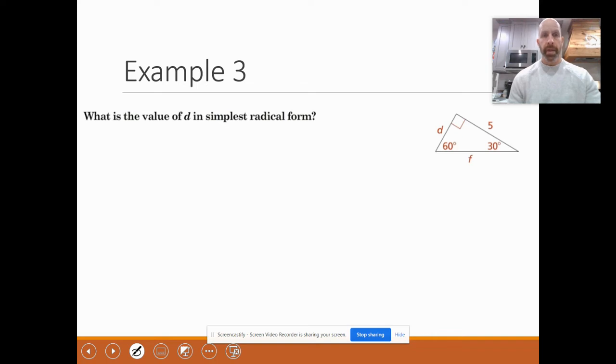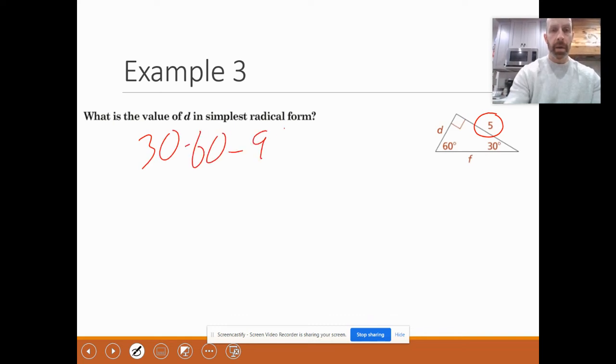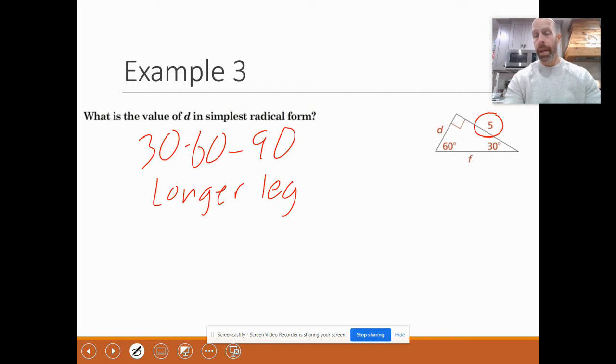So example 3 says, what is the value of D in simplest radical form? First of all, we recognize that this is a 30-60-90 triangle. They've given us the longer leg. So if we knew what D was, we would take that times square root of 3 to get to the 5. This is kind of a harder one, just like the second example.